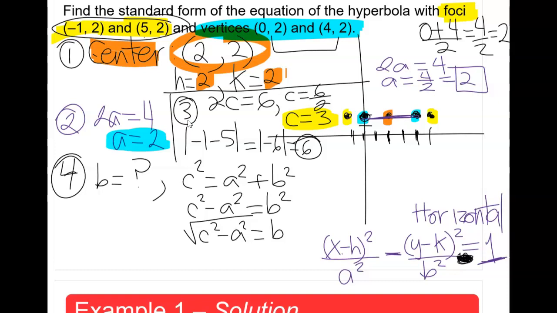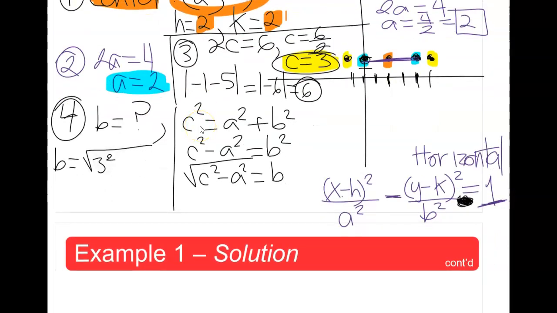That will give us that b is equal to the square root of c squared. So we take c from here, 3 squared, minus a squared, which is here, 2 squared.